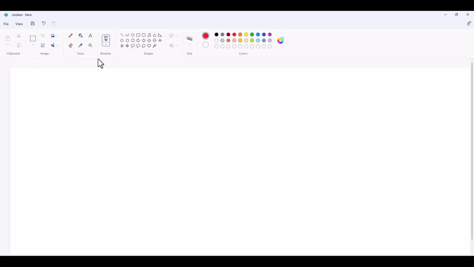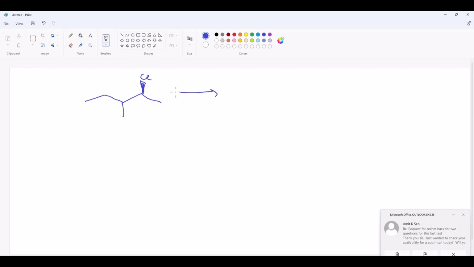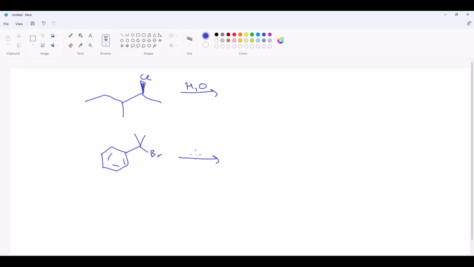Now let's look at a couple more examples and work through them as we did the first one. Here's one. We have a Cl here, and we're going to add H2O to this. We then have this structure, this alkyl bromide, and we're adding acetic acid, in ethanol.